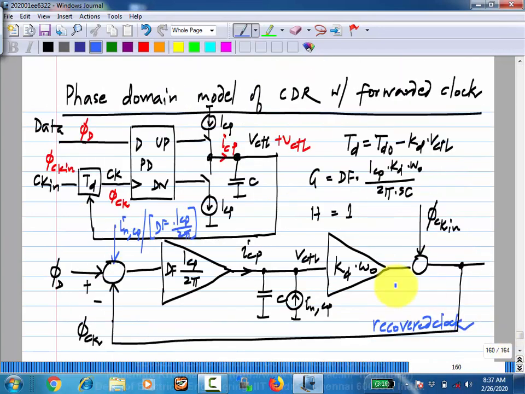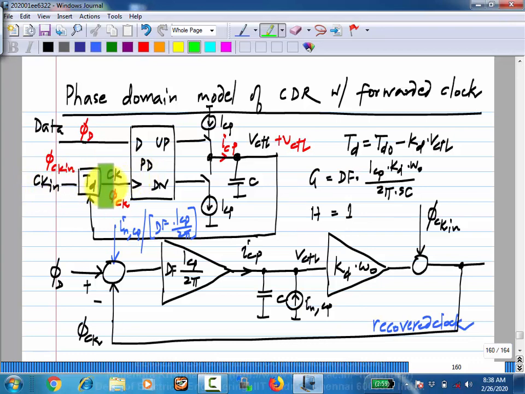If you look at this, what happens? Basically, if this clock in is, let's say, varying slowly, initially what will happen is, let's say this clock in edge moves to the right, this edge also will move to the right by the same amount.